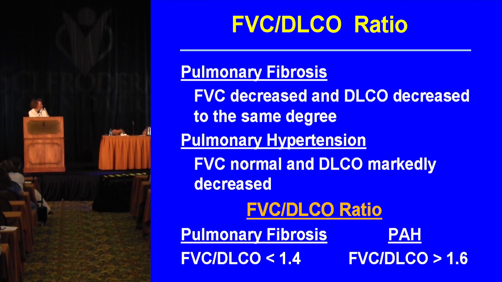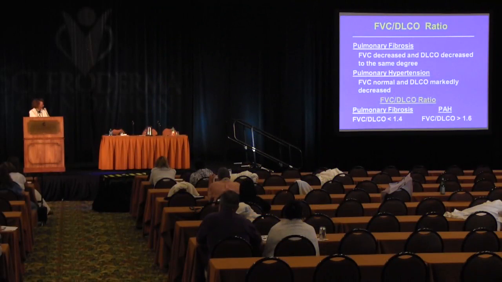But in patients with pulmonary arterial hypertension, the FVC is normal, or if it's not normal, it's close to normal, but that DLCO is really reduced. And so that ratio, the FVC to DLCO, is much, much higher. And again, this is another clue; it doesn't make the diagnosis of pulmonary hypertension. It just gives guidance to being on the alert for developing pulmonary hypertension.